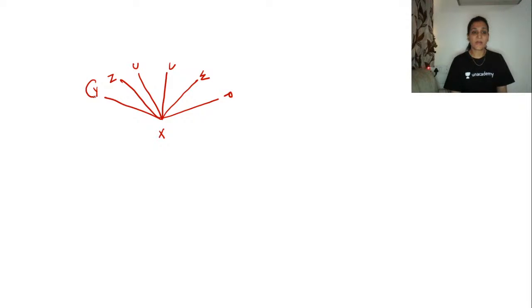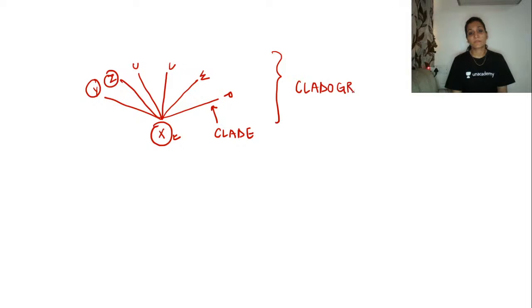If these are the species, they are all originating from a common ancestral species X, and this line is called a clade. Only these lines are called clades, and as a whole this diagram is called a cladogram. Right, so this is how you can see a cladogram.